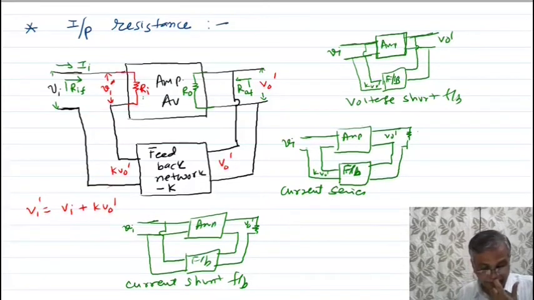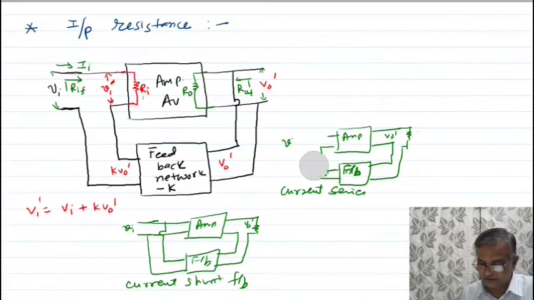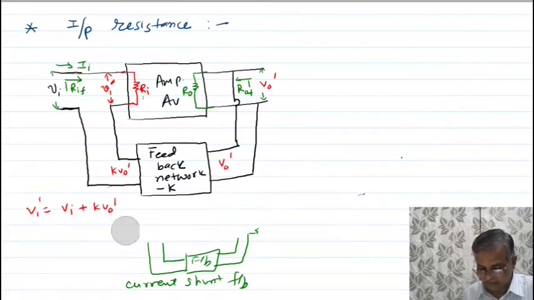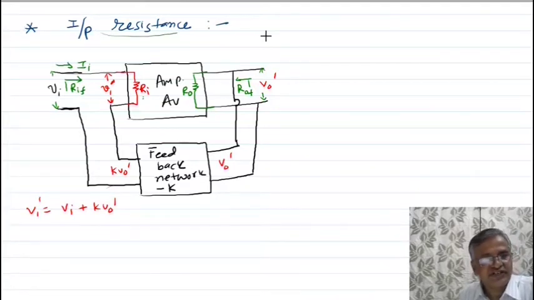Now let us derive the equation for the input resistance with feedback. I am starting your topic. Consider the block diagram of a transistor amplifier with a voltage series negative feedback as shown in the figure. The effect of the feedback depends upon the way in which feedback is given.